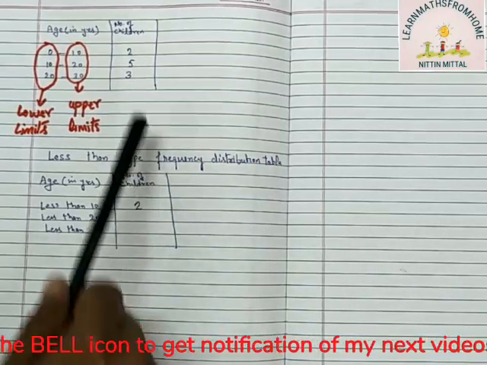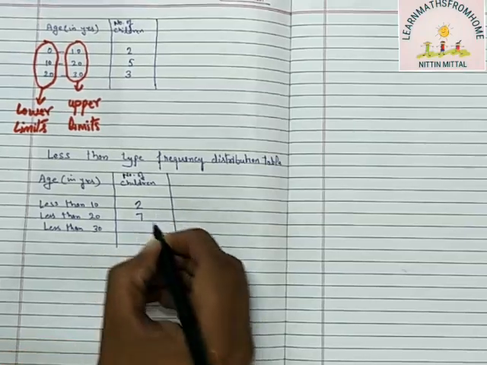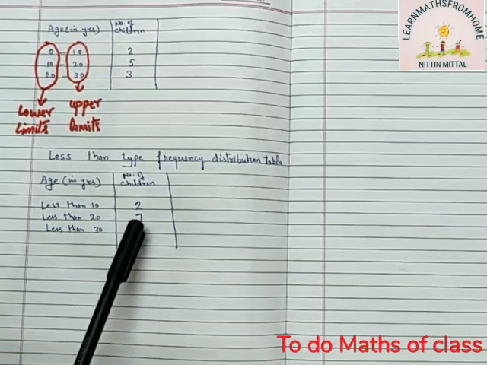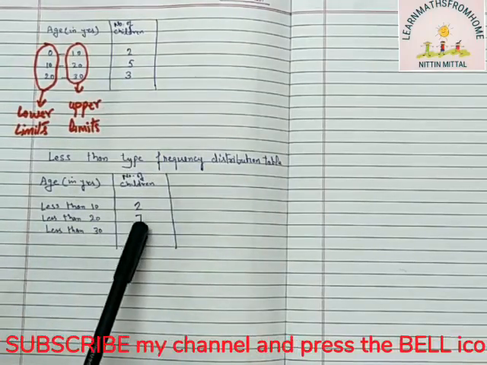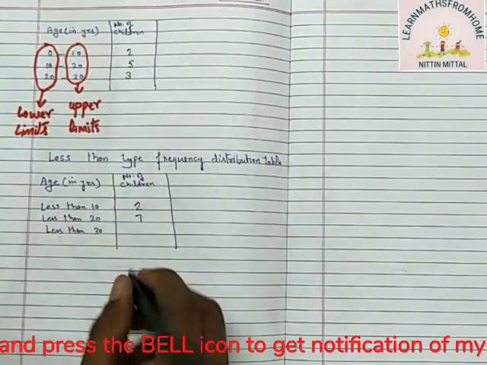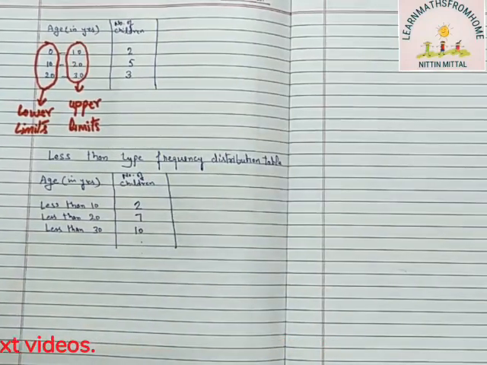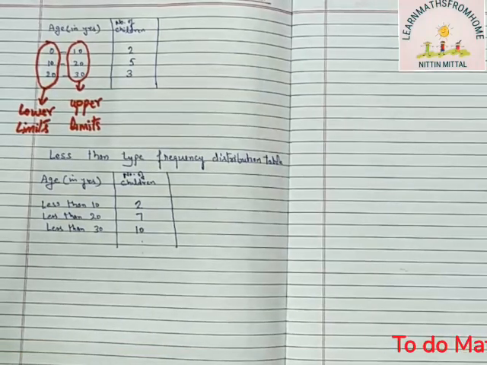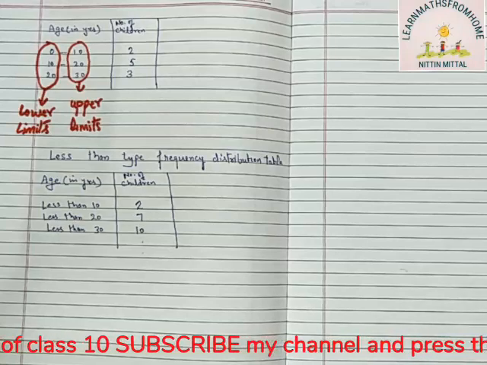So 2, next frequency is 5, 2 plus 5, 7, right? And then in 7 we will add the next frequency. So what is 7 plus 3? 10, and so on. We will continue according to the given data. We will make this less than type frequency distribution table.